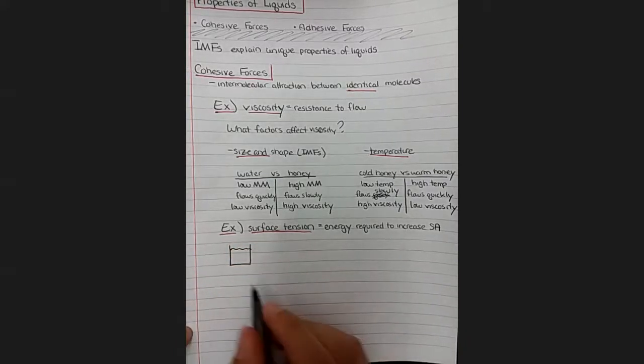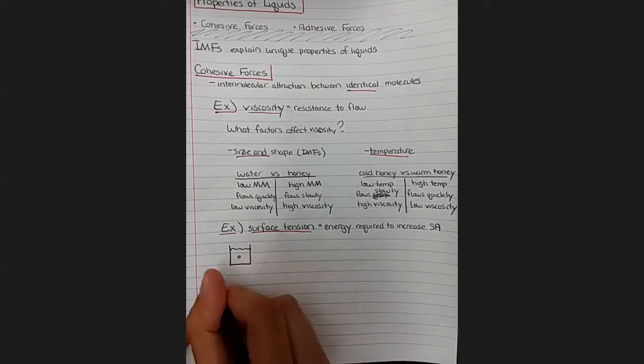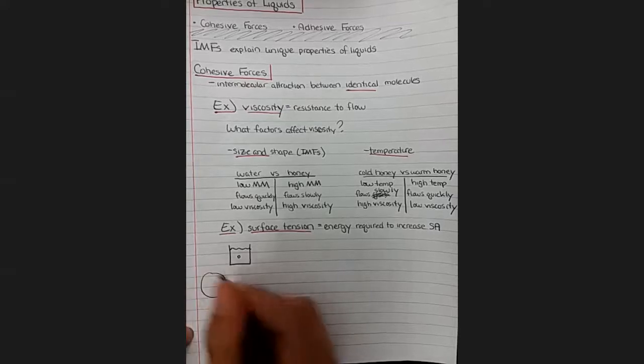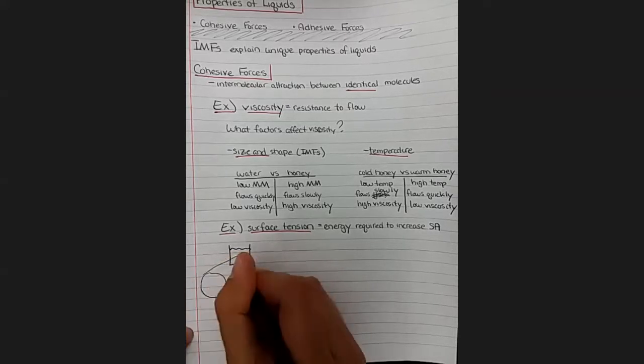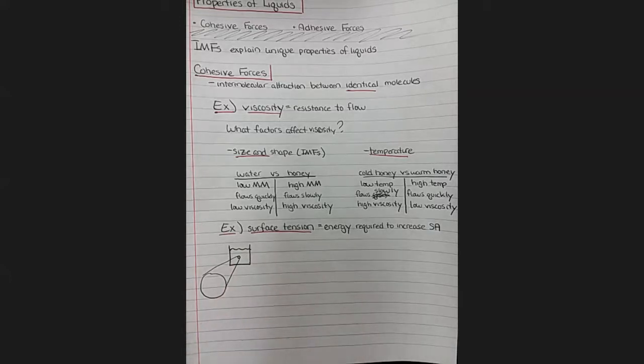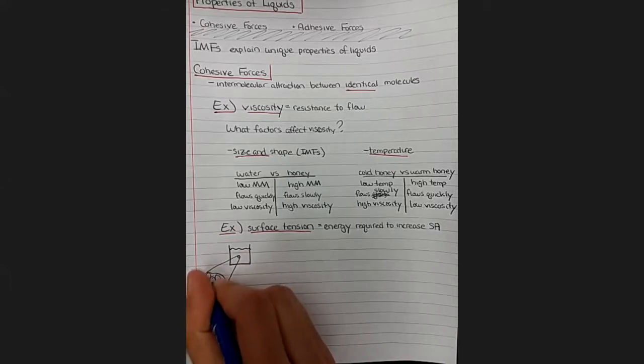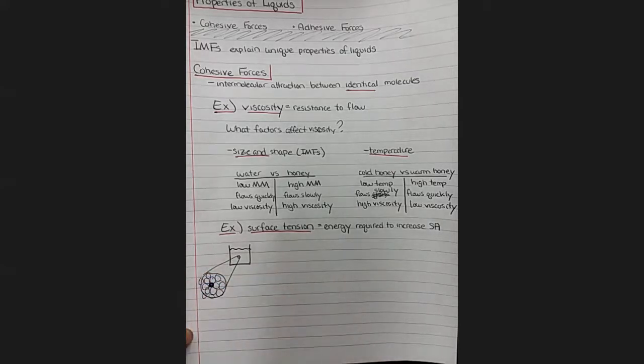So let's say we have a beaker full of a liquid. Let's take our microscope and zoom in on what the molecular situation looks like on something that's here in the center, that's surrounded by things. So you've got some water molecule here, and it is happily surrounded by lots of other water molecules on all sides, and on and on and on.